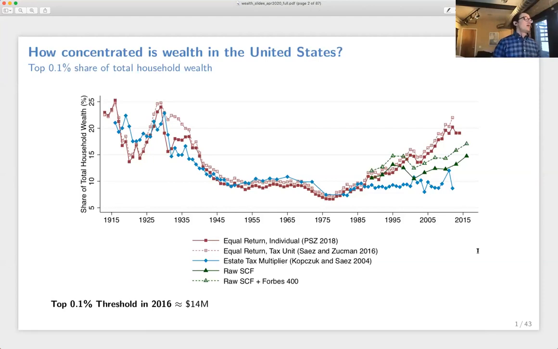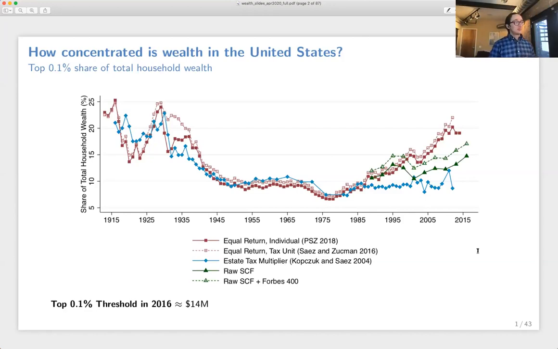What this series shows is high wealth concentration in the early part of the 20th century that came down mid-century and then didn't really recover since the 1980s. You might be concerned about estate tax avoidance technology and other issues with age mortality rates and how they've changed over time. So maybe questions about that series.